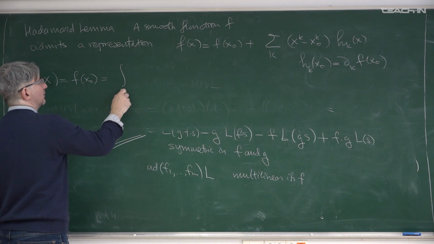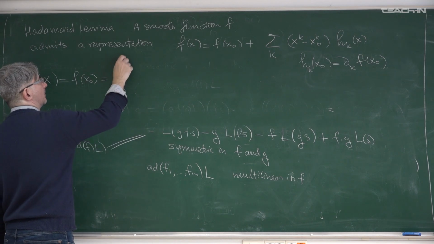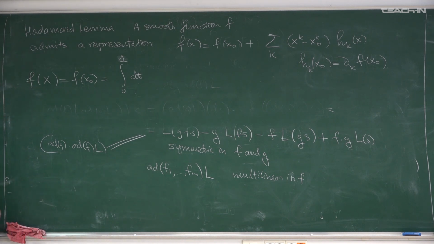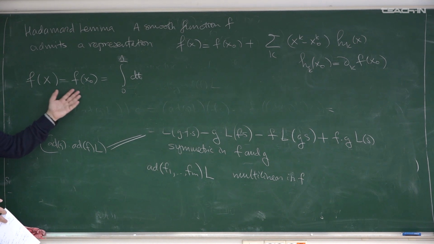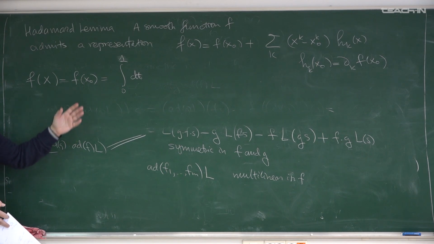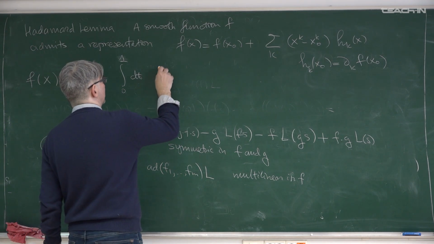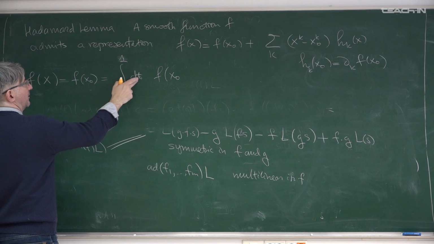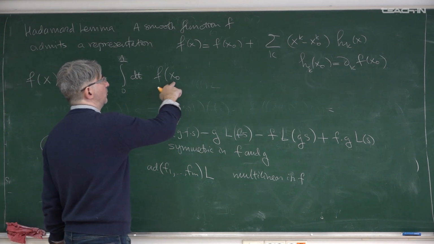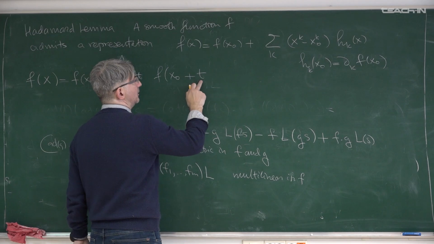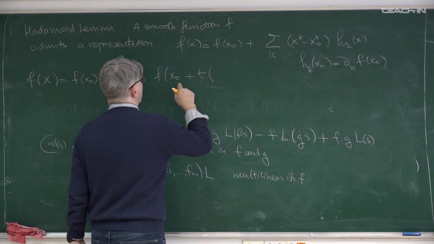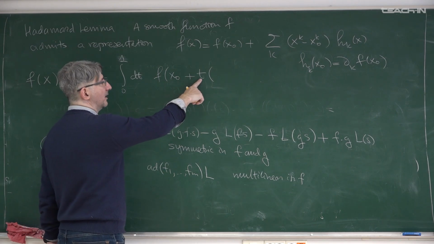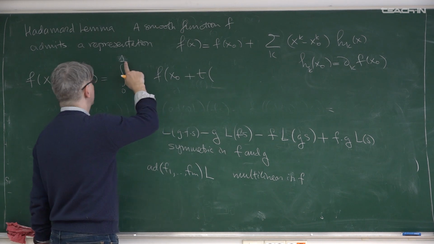So this is an integral from 0 to 1 over dt. What should I integrate? I need to parameterize the segment by parameter t from 0 to 1. We start from the point x0 with a linear parameter, and if t is equal to 0, we are at the point x0, but when I arrive at t equal to 1, I should obtain point x.